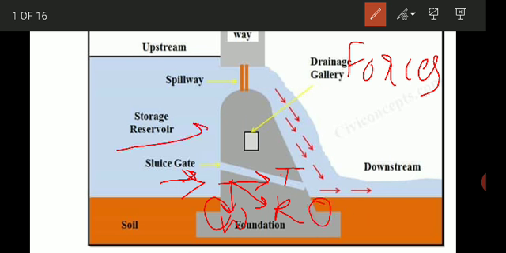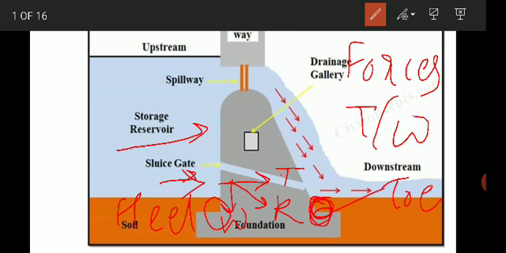So when the reservoir is full, the toe of the dam is overloaded and the heel is relieved. Therefore, in order to make a dam stable, the ratio T by W has to be kept smaller while constructing the dam.